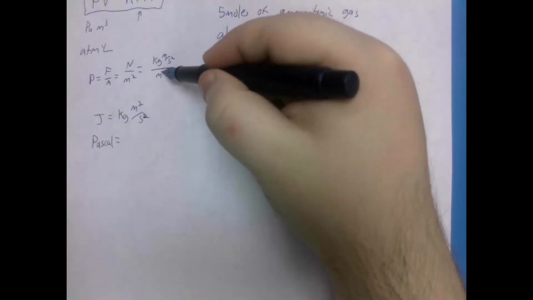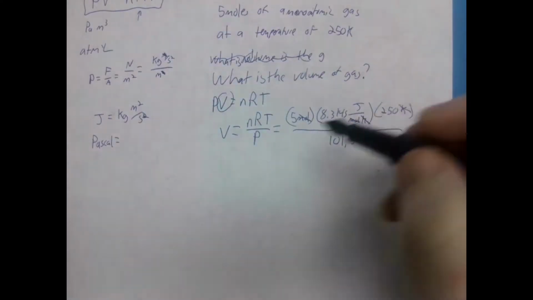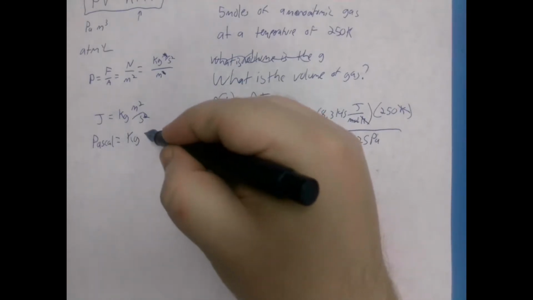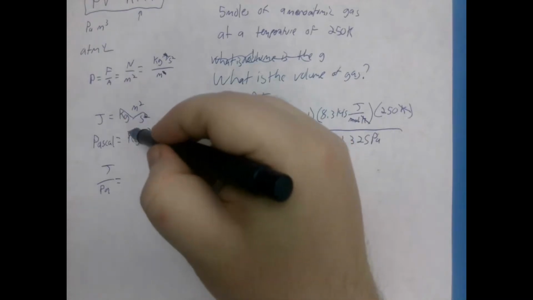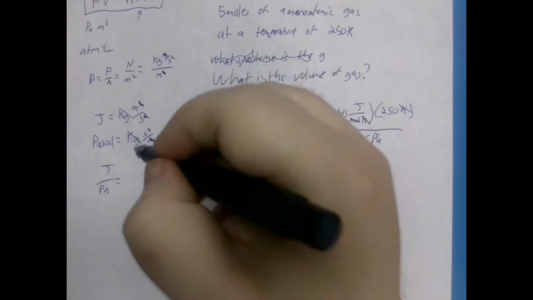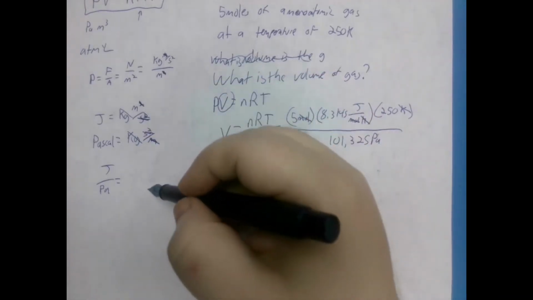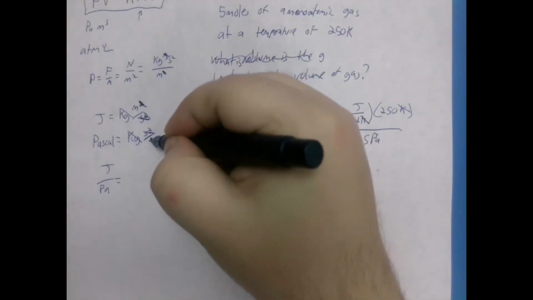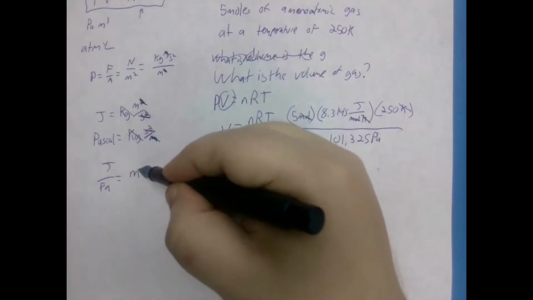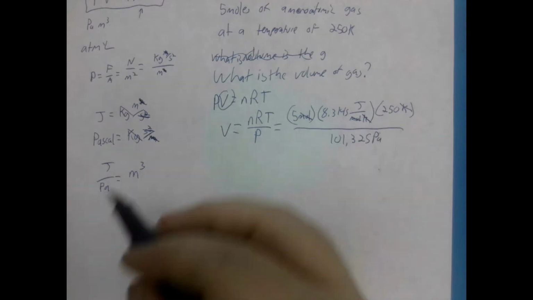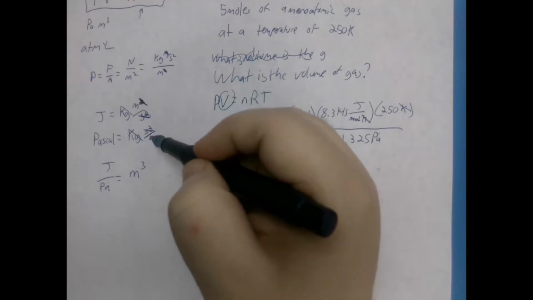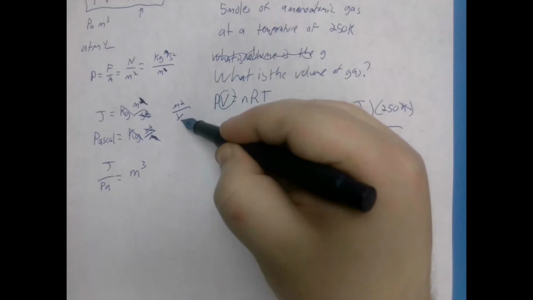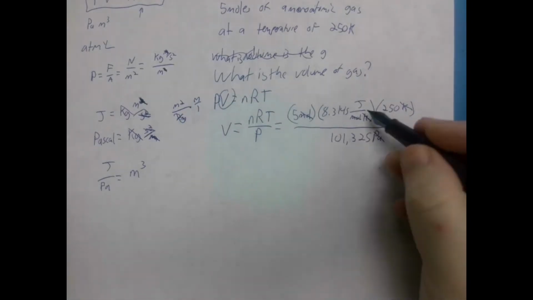So a joule divided by a Pascal would thus equal, kilograms cancel out, the seconds squared cancel out, and a meter squared divided by the fraction 1 over a meter is the same thing as multiplying by meter over 1, which makes it meter cubed. So we get volume. So this becomes meter cubed.